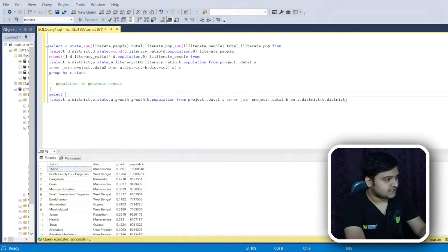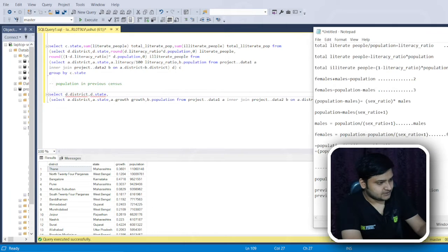So I will do a select d dot district, d dot state and d, to get the previous census population.